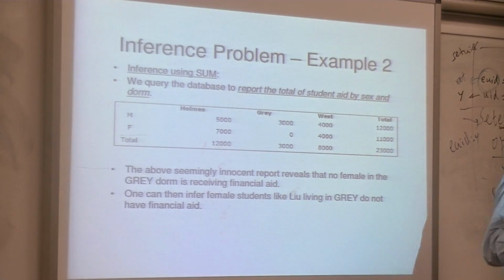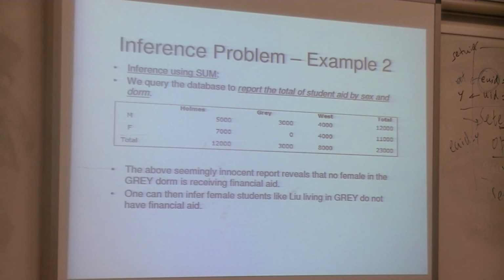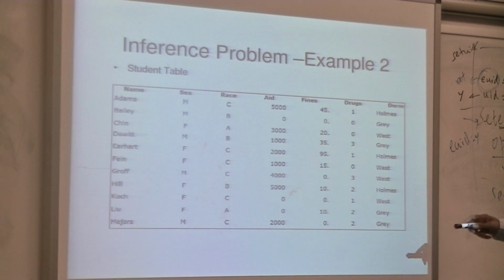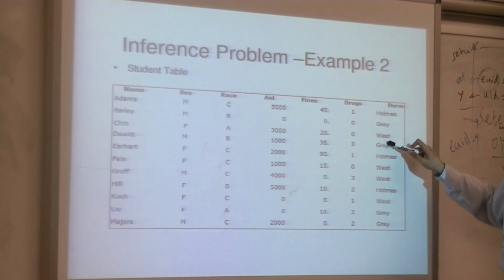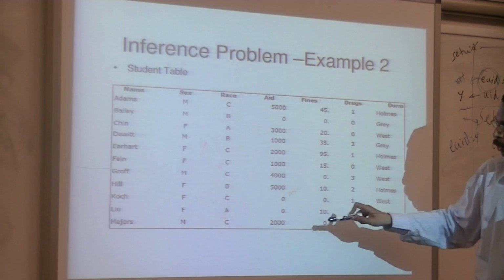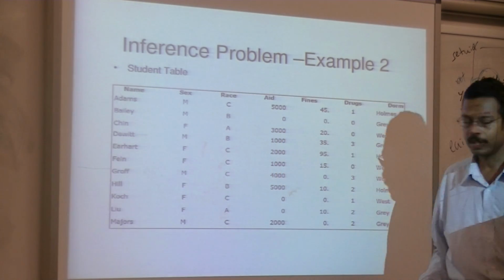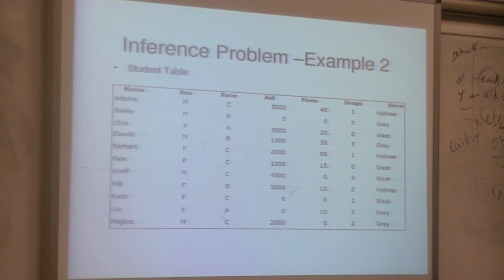So now go back and launch another query through which we can find out who are the female students residing in dorm Gray. And if you find out there's only one student, this Liu, then Liu is the only female student in dorm Gray.